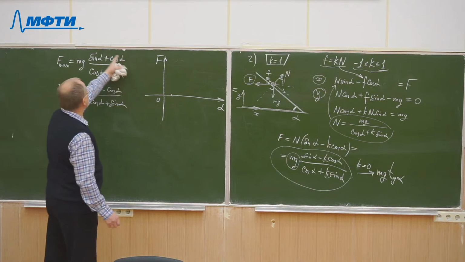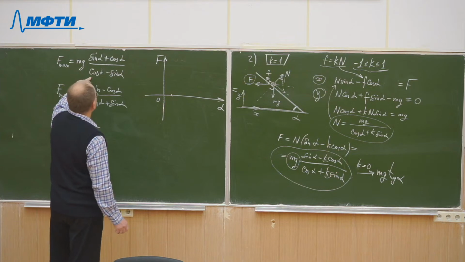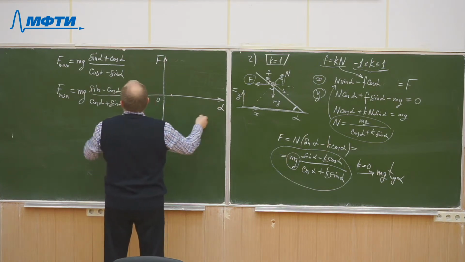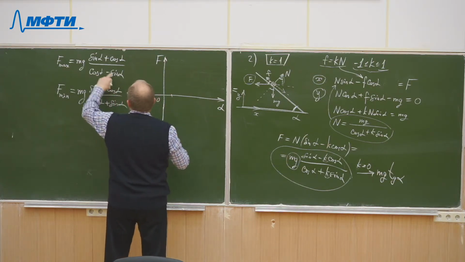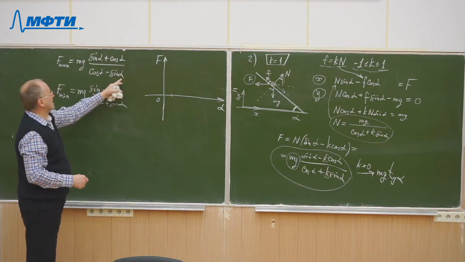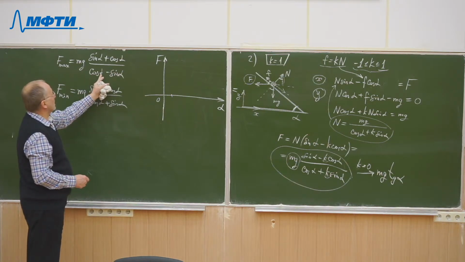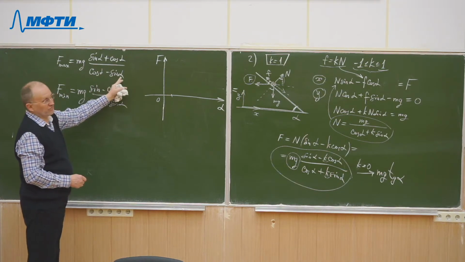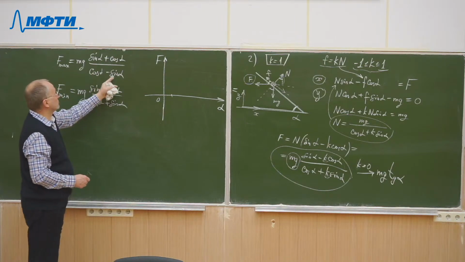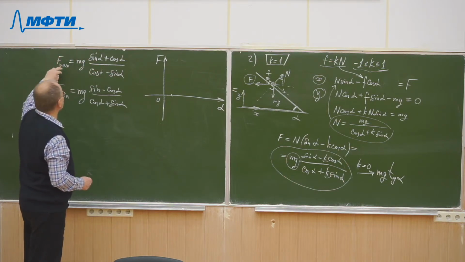If you try to draw a graph of this function, f as a function of alpha, for example for the maximum force, what will it look like? Look here: if alpha tends to 45 degrees, the cosine of 45 degrees has the same value as the sine of 45 degrees. So if alpha is 45 degrees, the denominator of this formula tends to 0, and if you divide by 0, you get an infinite value of the maximum possible force.